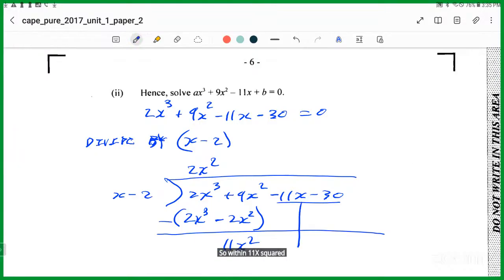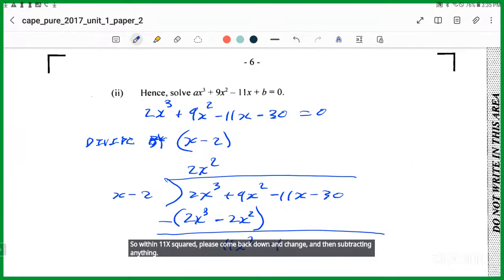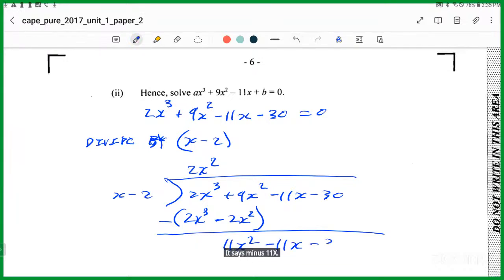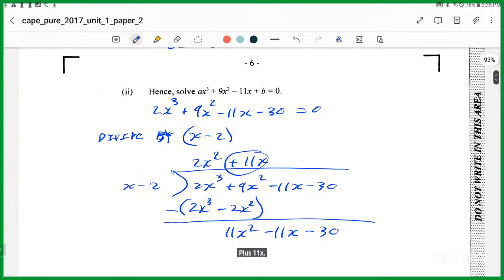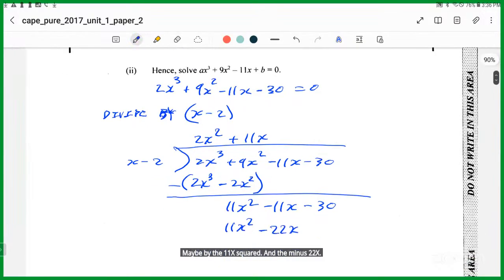These come back down unchanged because I'm not subtracting anything, so it's minus 11x minus 30. This divided by this is plus 11x. Then 11x times these gives back the 11x squared and the minus 22x. And you subtract.